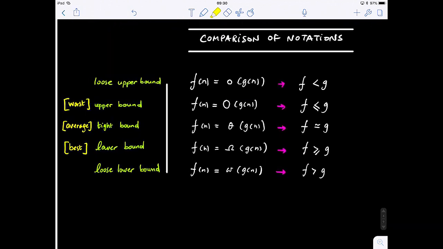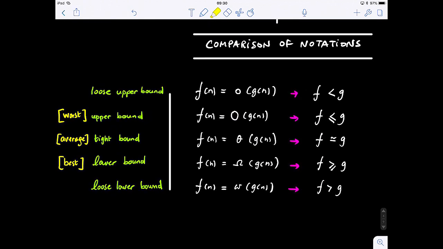So things to remember here: we say that f of n is in the order of little o of g of n if f is strictly smaller than g. So this is a loose upper bound. We have the normal upper bound, which is the worst case, and we generally use this one, with a relaxed inequality.